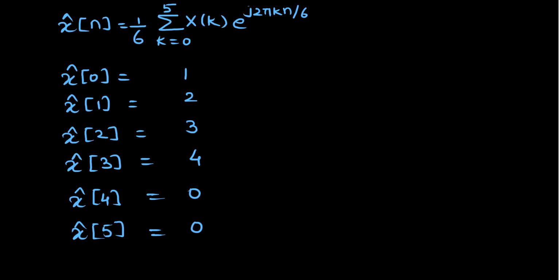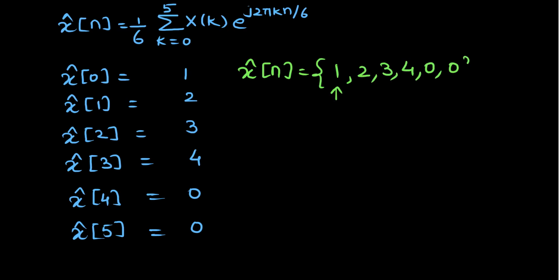So if we write this sequence here, we have x hat of n is equal to 1, which is located at 0, then it is 2, 3, 4, 0 and 0. And if we have the original signal, that is x of n, it is equal to 1, 2, 3, 4. So this was the original signal that was given to us, but when we need to find the 6-point DFT, we append 2 zeros to it.